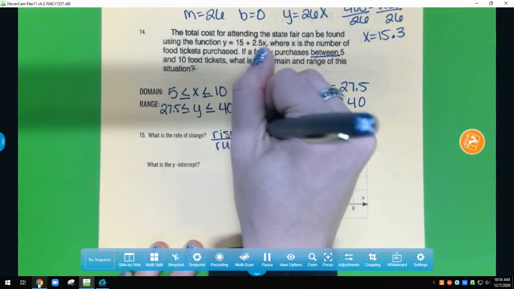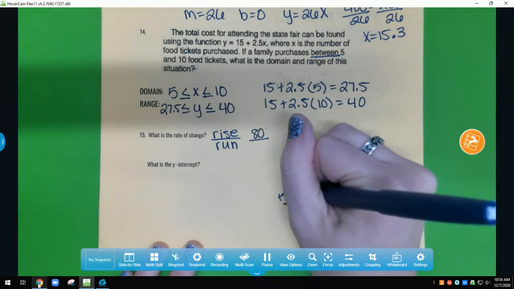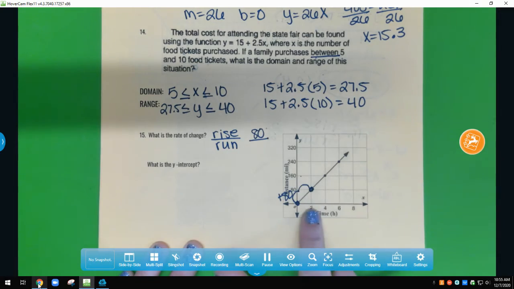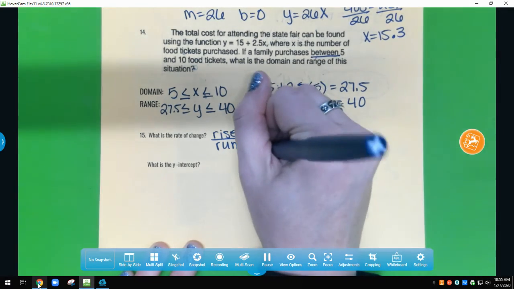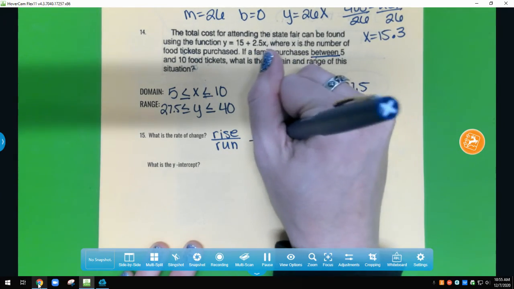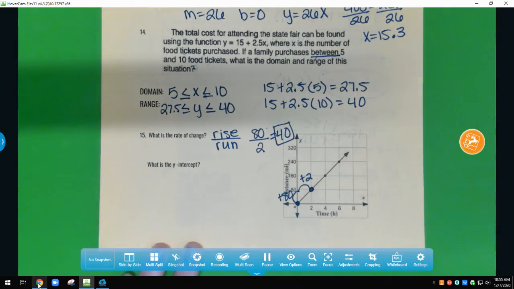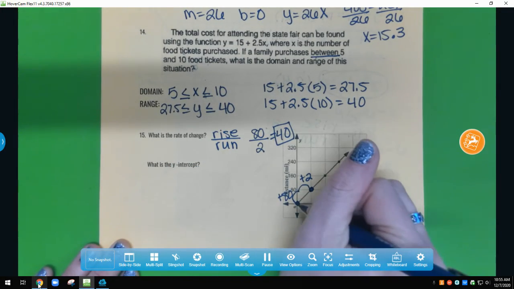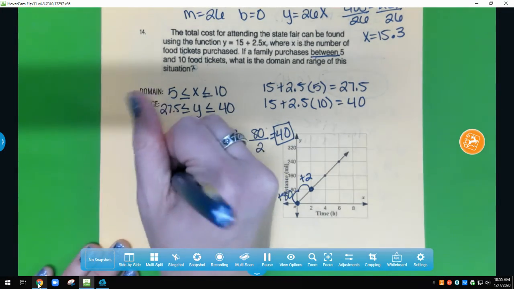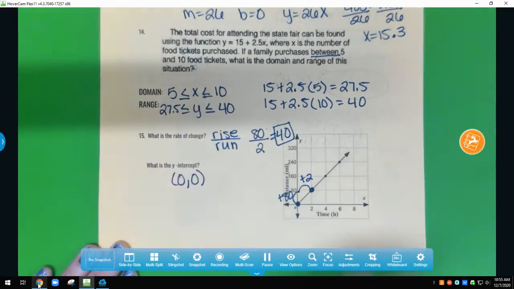So that's going to be my rise is 80. Then I'm going over one box, but I'm counting by 2s. So that's going to be plus 2. So 80 over 2 is going to give me a rate of change of 40. The y-intercept is down here where it crosses the y-axis. It is just 0, 0.